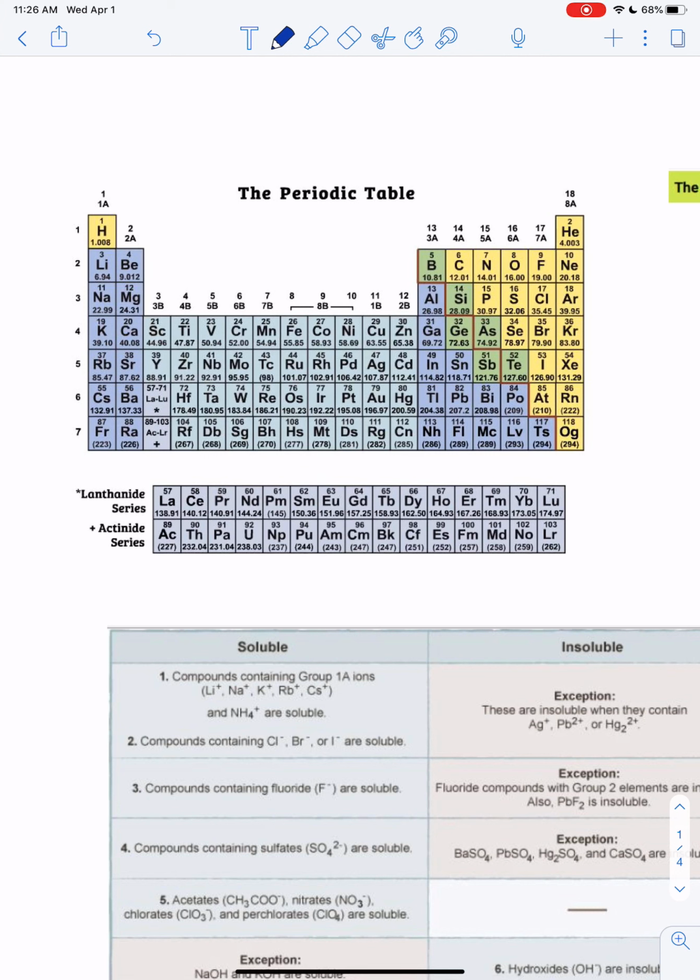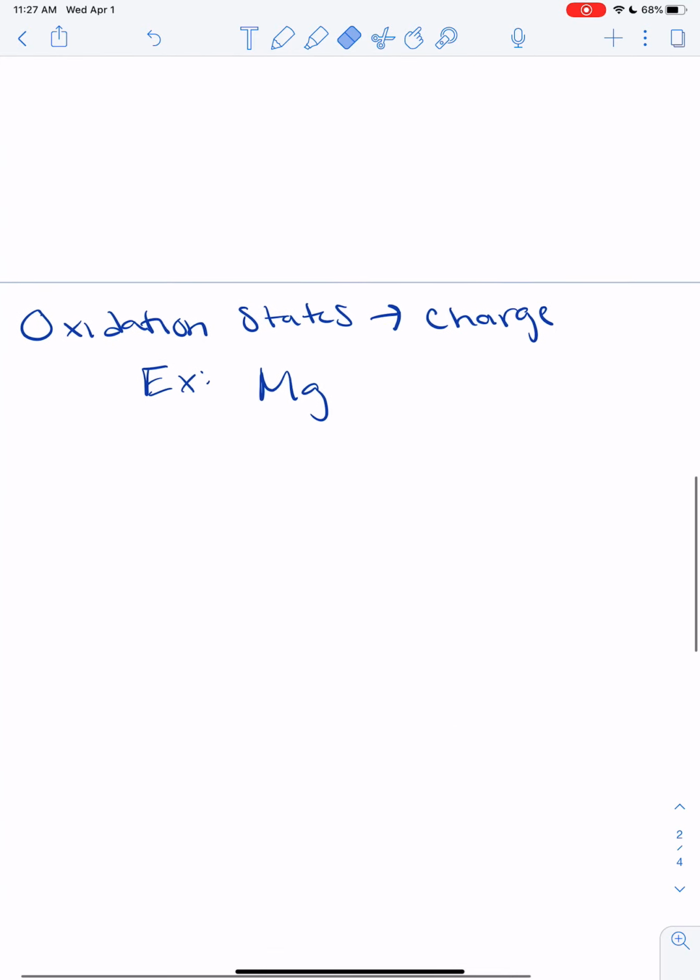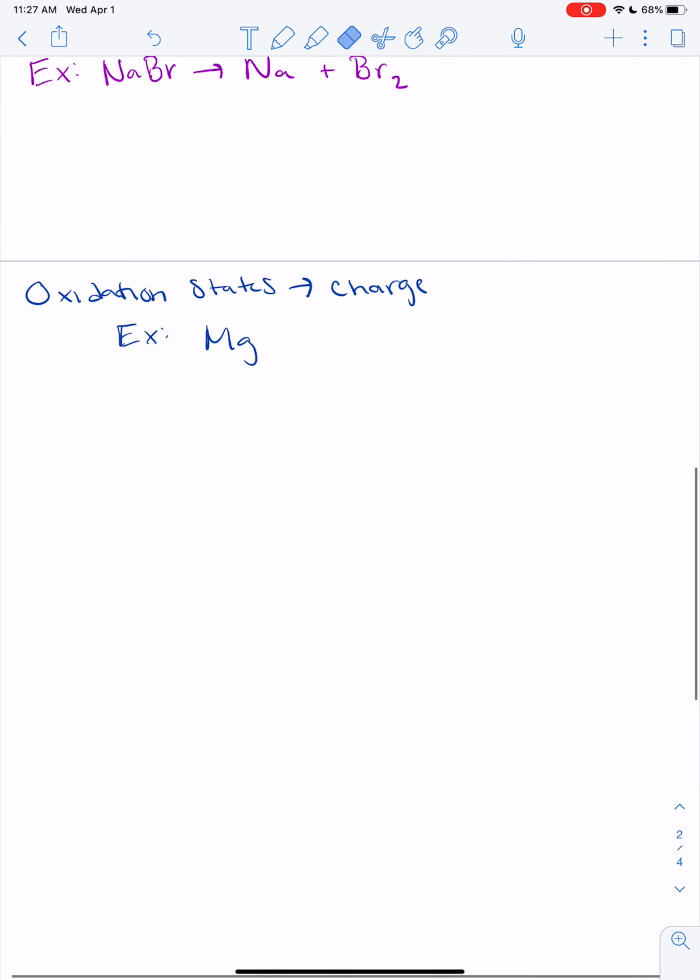We see magnesium, it's in group 2. Okay, and so it has a charge of plus 2. So now if we go back down here, magnesium has a charge of plus 2, so it has an oxidation state of 2. Okay, so that's pretty simple. We already know how to do this.